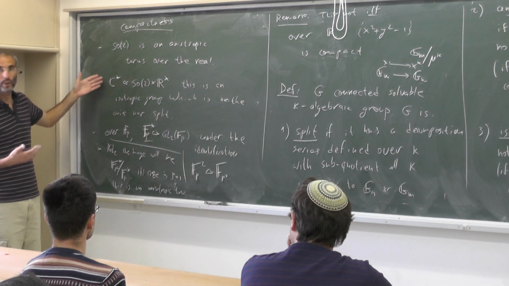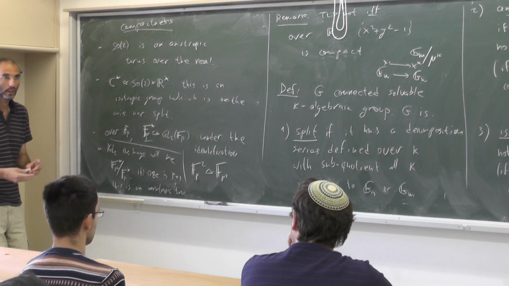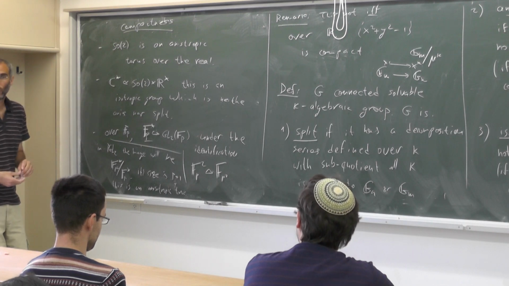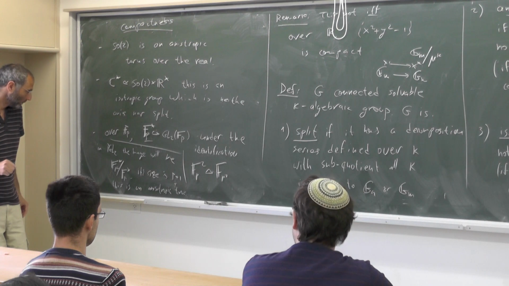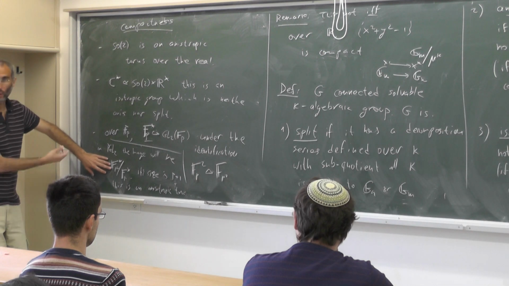Somehow it is related, as you probably noticed in one way or another, to the fact that R is inside C of index 2. And of course, over FP, I can do it for higher degrees.